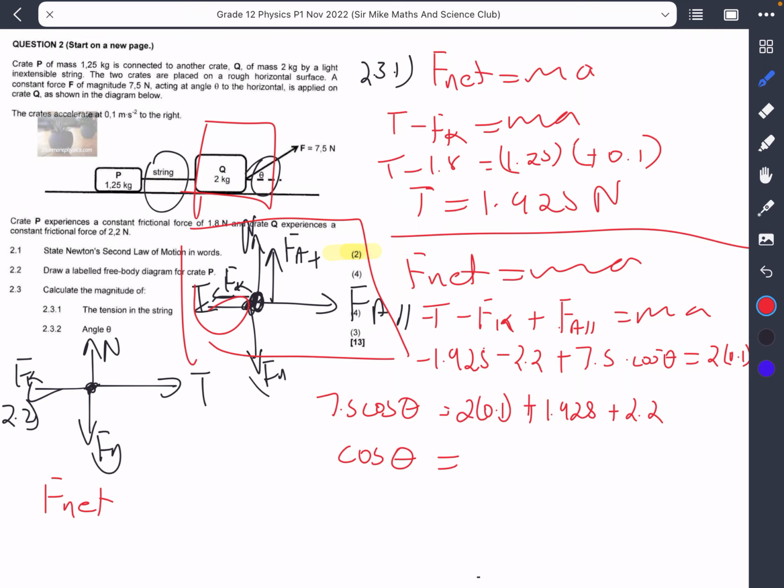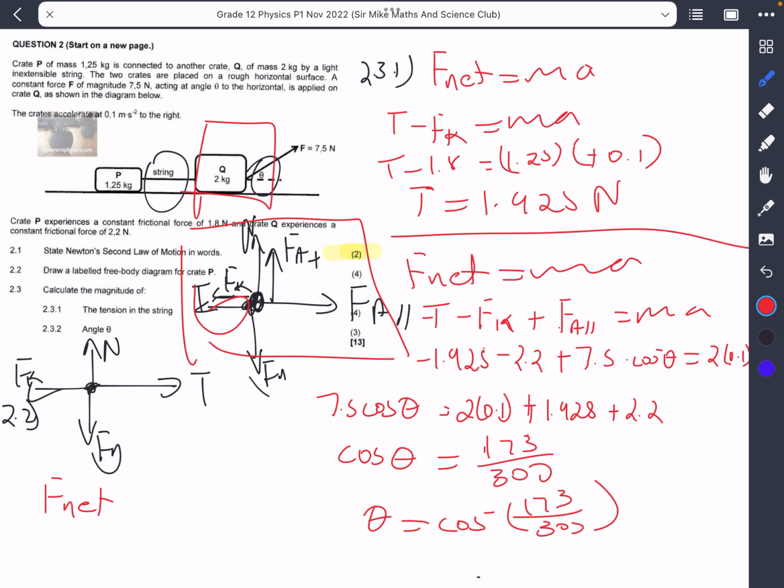So what you're going to get there, you would need to keep all the decimals, so I'm just going to keep it as a fraction. It's actually 173 divided by 300. So to get theta, I'm just going to say shift cos. So theta would be equals to cos inverse of 173 divided by 300.